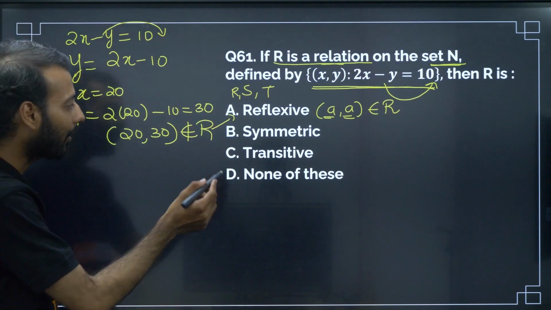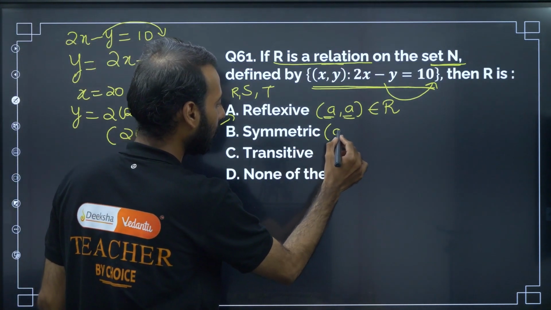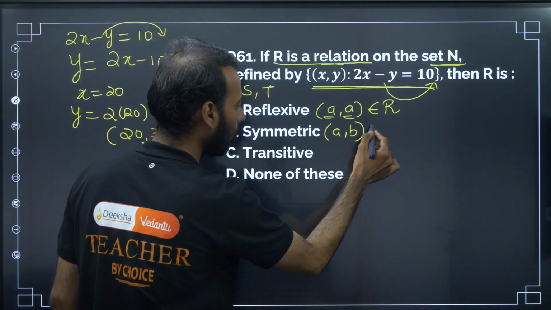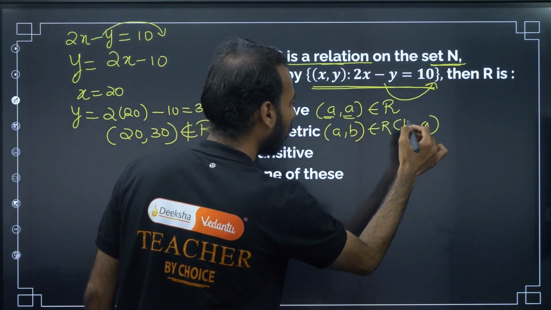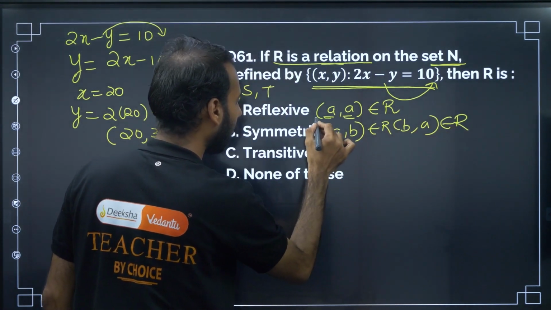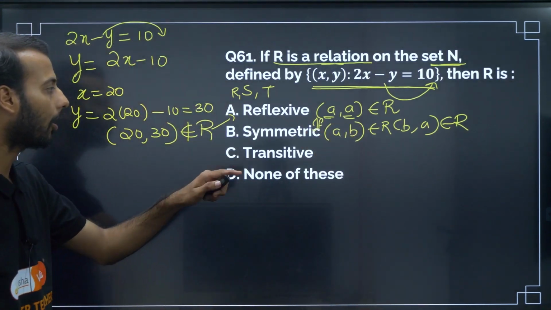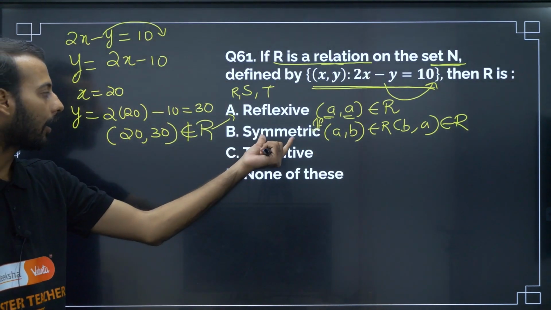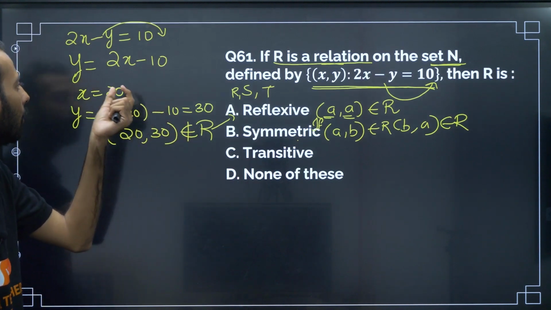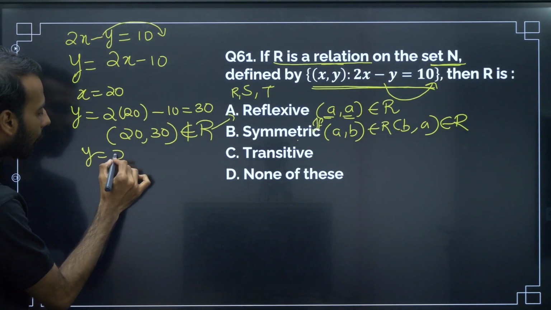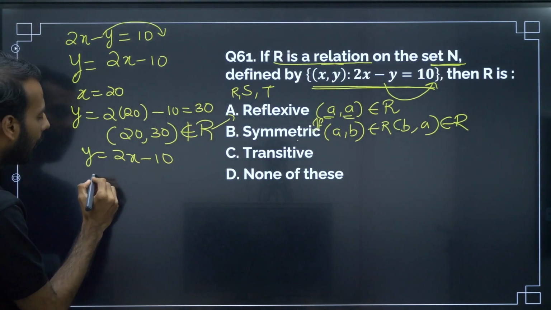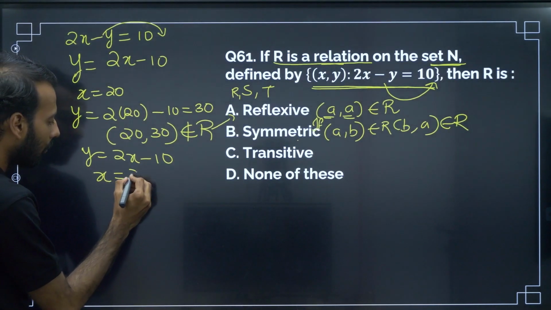Next, moving on to symmetric. Try to recall the definition of symmetric. If (A, B) belongs to R, then (B, A) should belong to R. That type of relation is known as symmetric. So for this relation, y is equal to 2x minus 10, let me give x as 20.